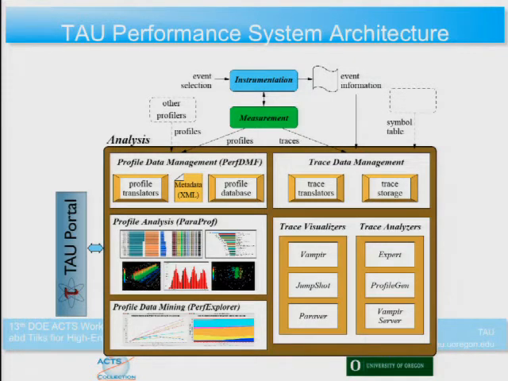In the profile side, we have support for a full profile analysis tool called ParaProf, which supports even a performance database. So instead of storing all the profile files scattered all over your file system, you can organize them neatly in a performance database. So you can delete those files, you can launch ParaProf, click to it, access the database, and then see the data. You can also connect a tool called PerfExplorer, which is a performance data mining and a cross-experiment analysis tool to do studies such as scalability studies.